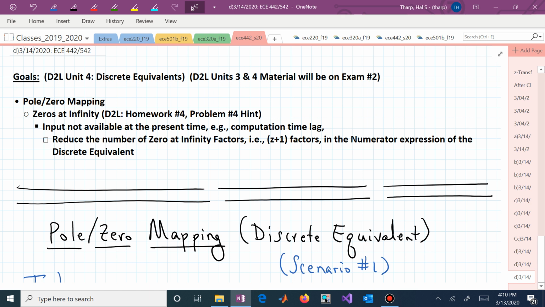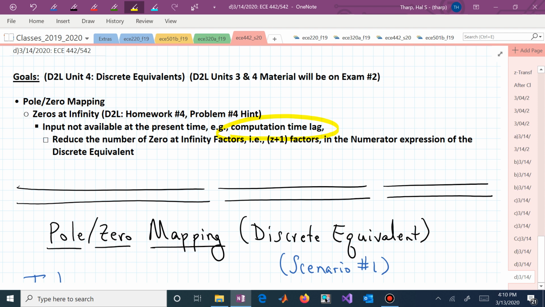But all of that depends on how much time it takes for you to perform a computation if you're doing this number crunching in your discrete system.